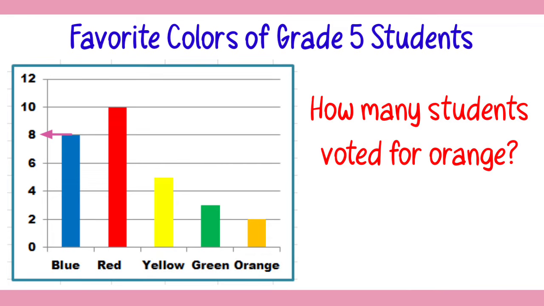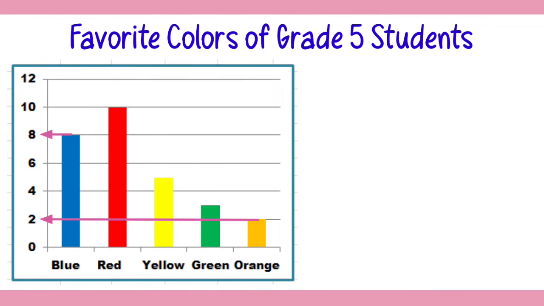Next, how many students voted for orange as their favorite color? Let us look at the orange rectangular bar and check its value. It is 2. This means that there were 2 students who voted for orange as their favorite color. Okay?